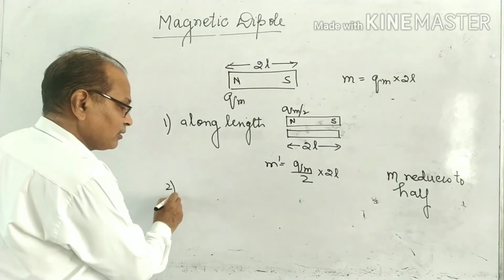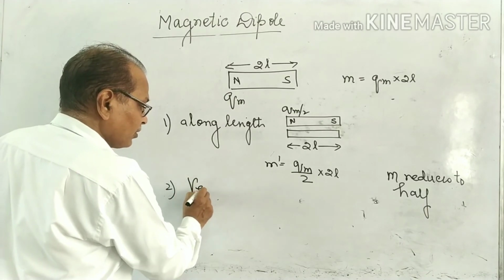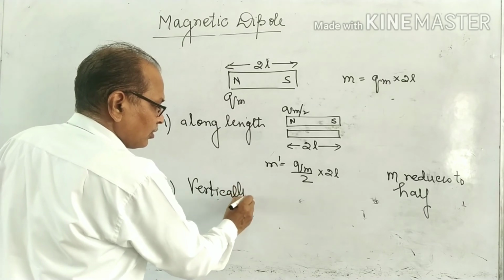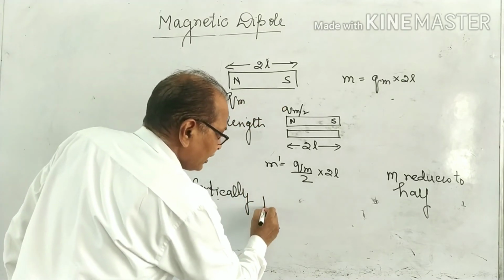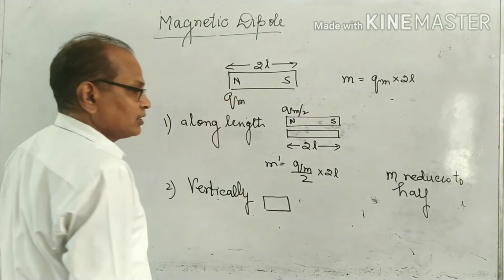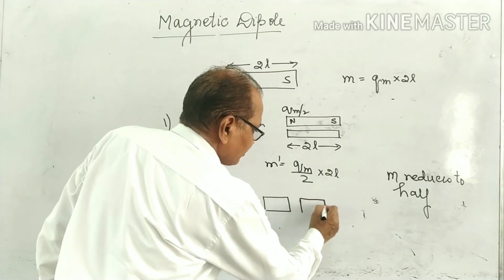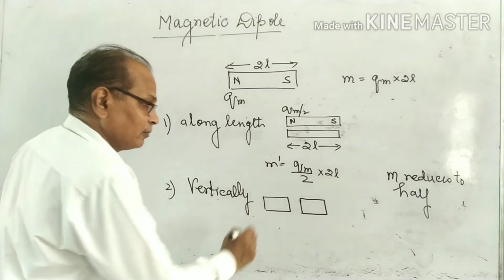In the second case, if we cut the magnet vertically, what happens? This is a magnet. If we cut it into two halves like this, this is one half, this is another half. So what is the length of one part?